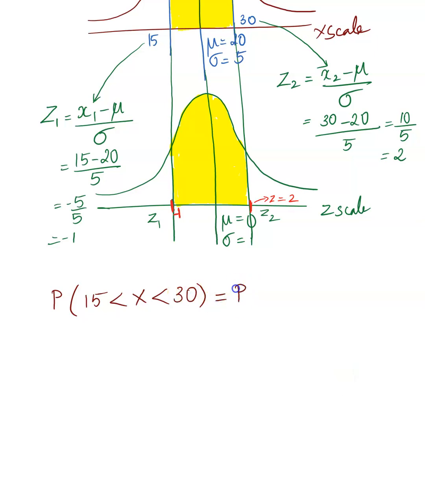That 15 here corresponds to the negative 1 here on the z scale. So the z values are between negative 1 and 2. The x scale is now converted to the z scale of -1, because that corresponds to 15, and 2, which corresponds to 30. Now this is an area that's trapped between two z values, right?